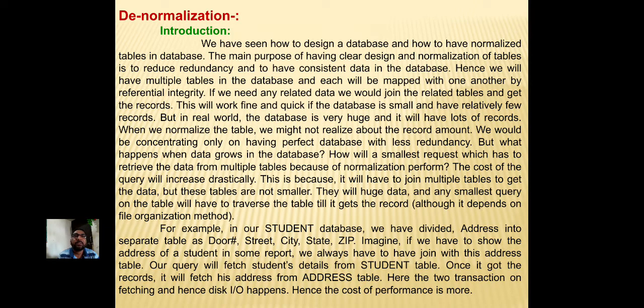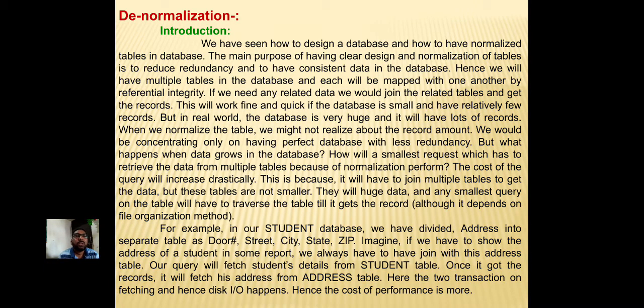But these tables are not small. They will hold a lot of data, and for any smallest query on the table we have to traverse the table till it gets the record, although it depends on the file organization method. For example, in our student database, we have divided address into a separate table as door, street, city, state, pin.